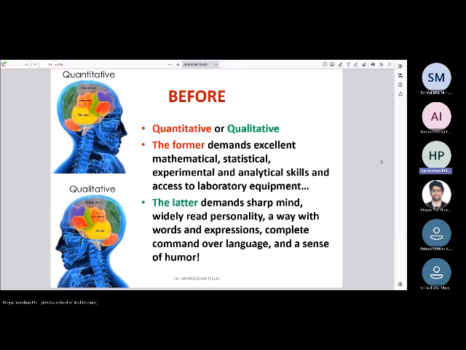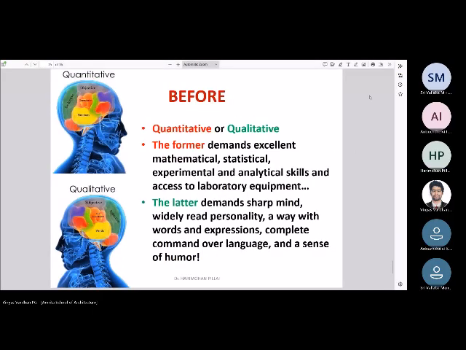His biggest contribution was that all the quantitative ideas he could easily translate into visual ideas, which only an architect can do. Architects who are good at drawing, good at sketching, are able to convert quantitative ideas or thoughts into visuals, which only architects or somebody with good vision can do.